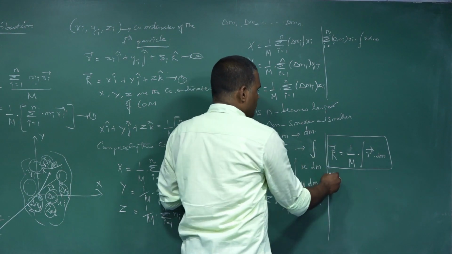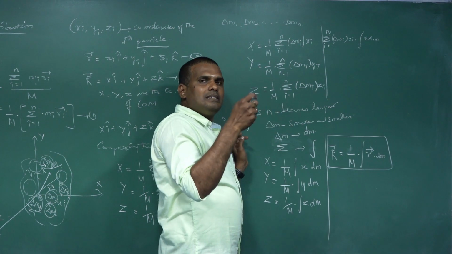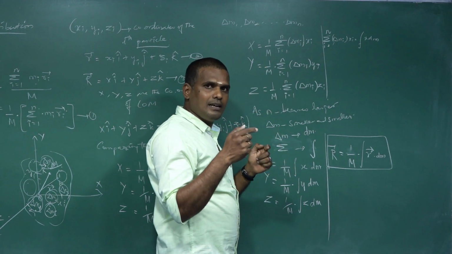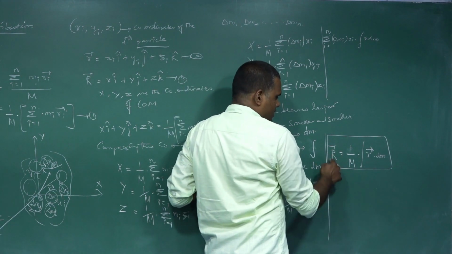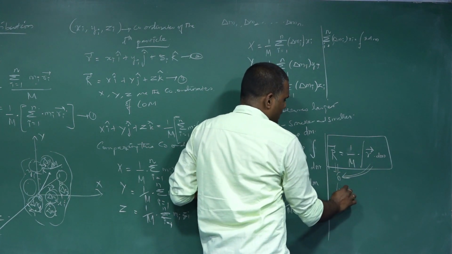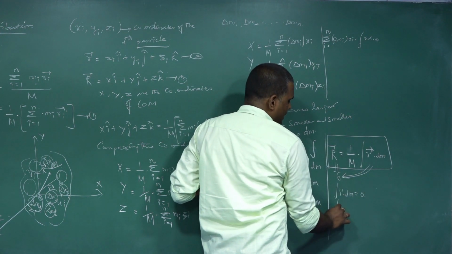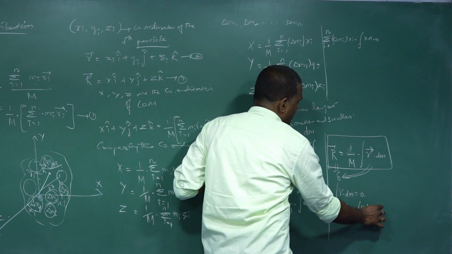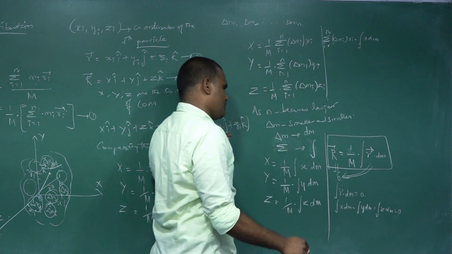Now, I can say, if the center of mass of the entire system lies exactly at the origin, then this term goes to 0. Then this integration becomes 0. That is, integral of r vector dm will be equal to 0. In other words, integral of x dm, integral of y dm, integral of z dm are all equal to 0.